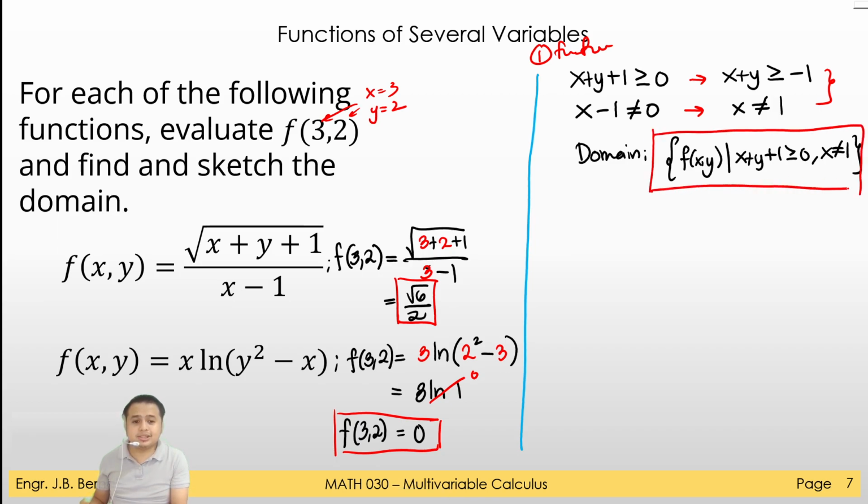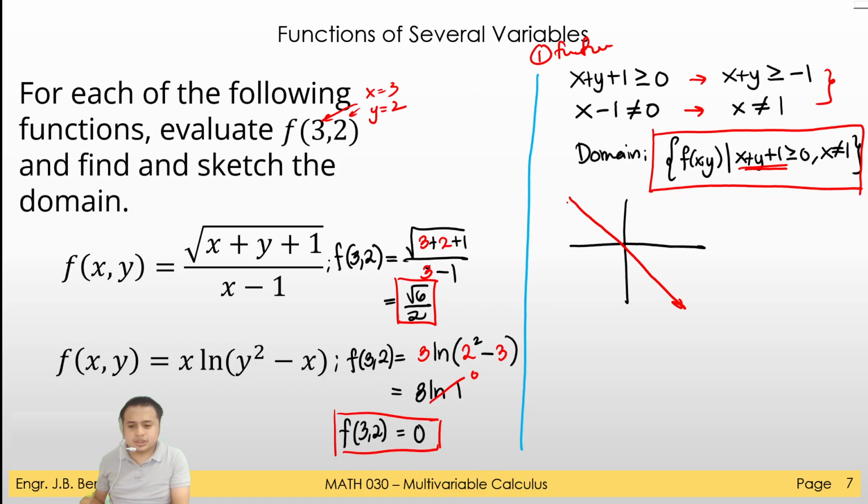So if you visualize this, guys, I hope you're already familiar with inequalities. How do we draw an inequality? If this is your form, then you just have to draw this function. I will save you the time, but this is how we draw x plus y plus 1.